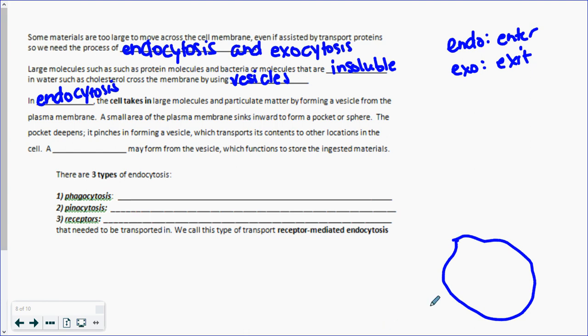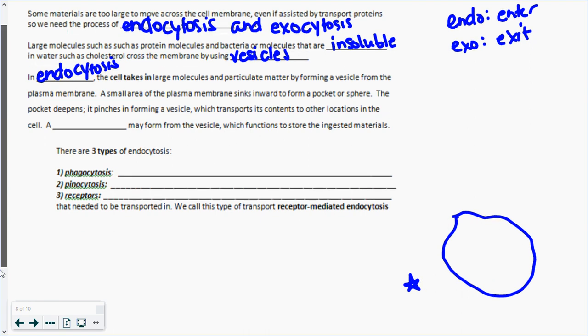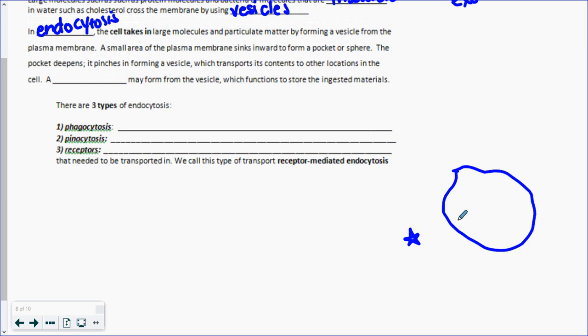here's my cell. It wants to get this little star inside, whatever the star is. And it's not super easy because that star is so big. We don't want to just create a channel here to let the star in because then it's huge and anything can get into it.